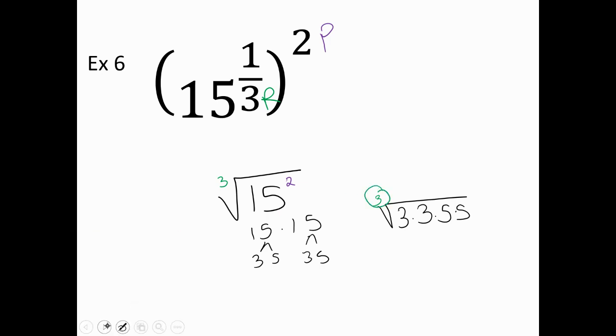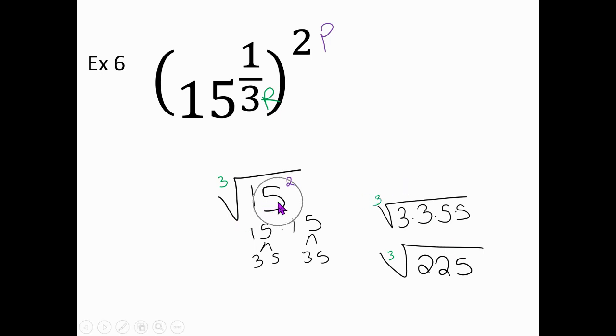Our index is 3, so we need 3 of the same thing. Hey, we do not have 3 of the same number, so we're just going to leave our answer as the cube root of 9 times 25, which is 225.